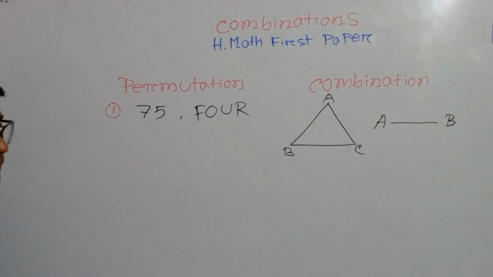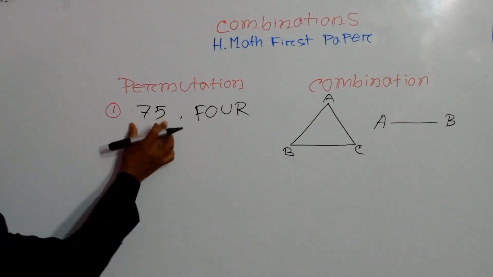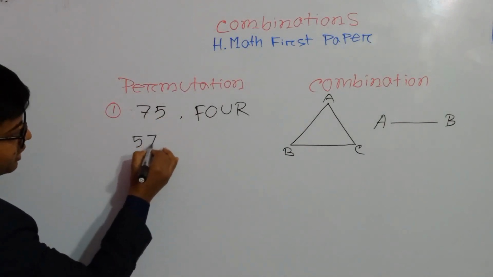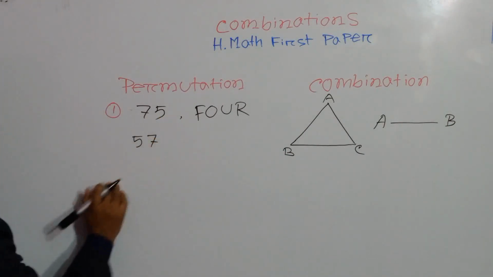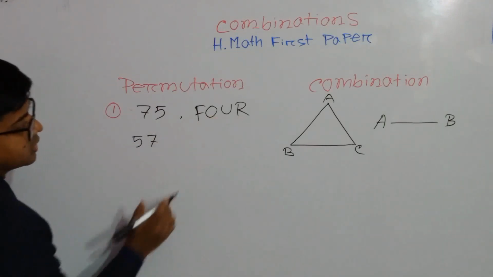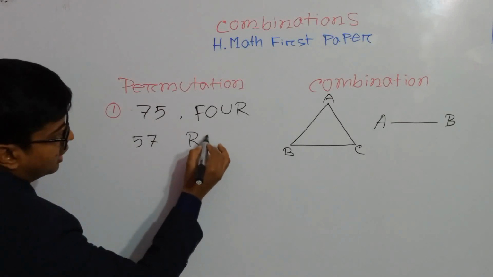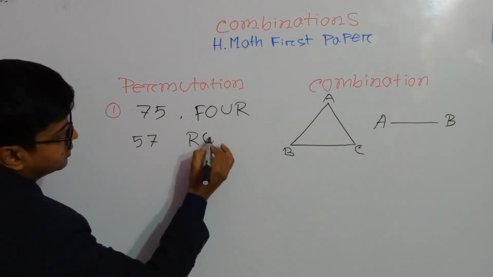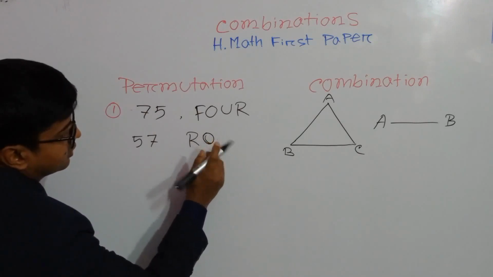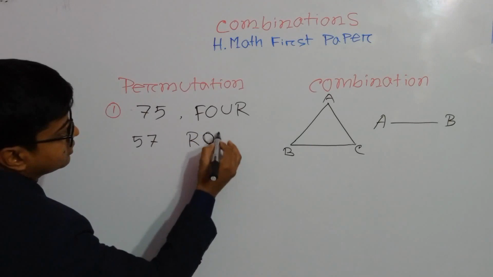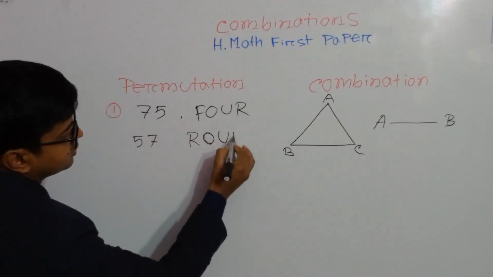If we add the number 75, it will be 57. If we add the word 4, it will be ROUF.